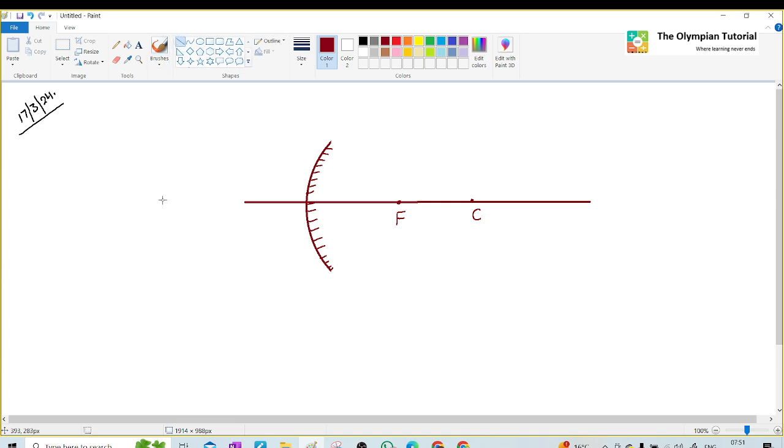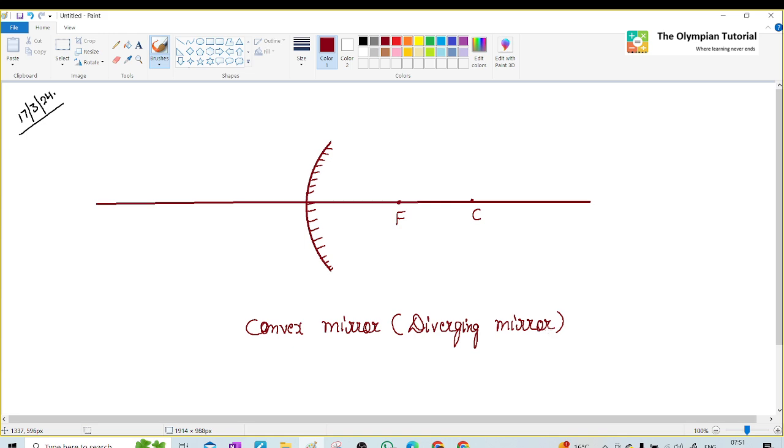This is a convex mirror. Another name of convex mirror, Ayukta? Ma'am, diverging mirror. Very good. Prisha, what is the meaning of the word diverging? Converging means contract, सिकोड़ना.